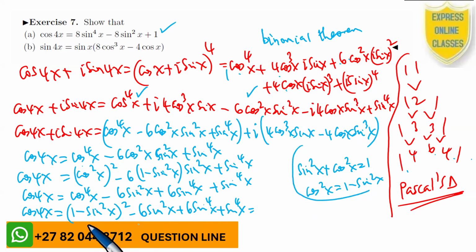So now you expand this one. 1 minus 2 sine squared x plus sine to the power 4 of x, minus 6 sine squared x. Now, if you add the 6 sine to the power 4 and the sine to the power 4, it is plus 7 sine to the power 4 of x.